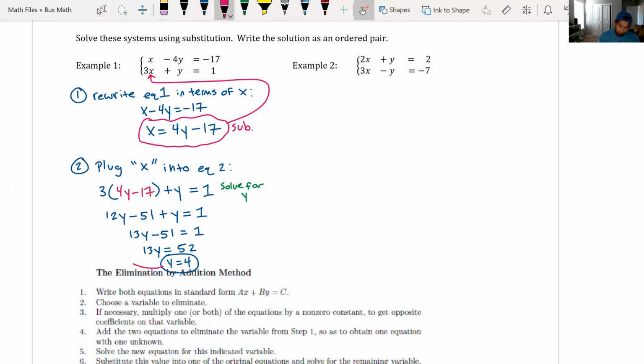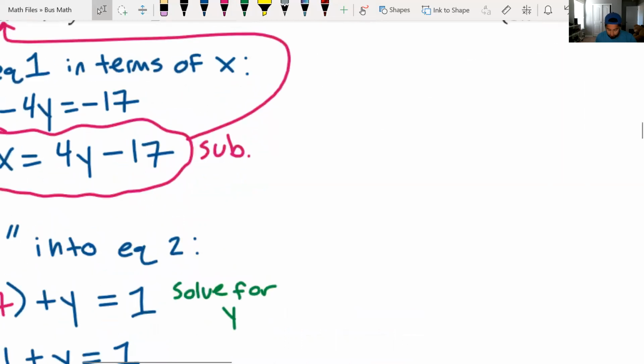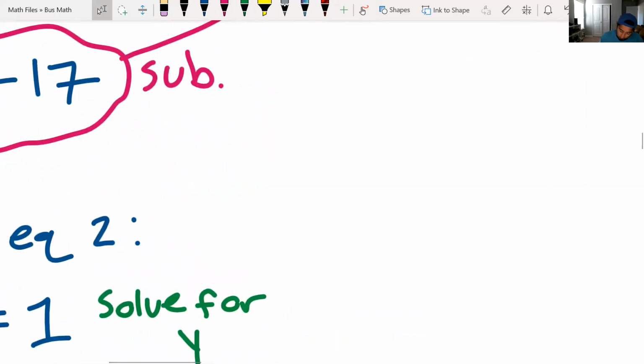You take this value of y and plug it in here. And this will give us x right away. So where can I put that? I'll put it right next to it. Three.